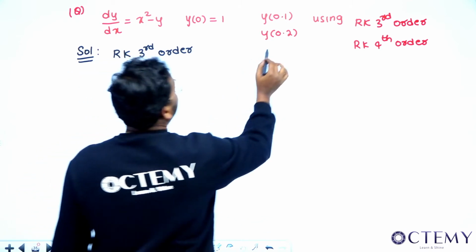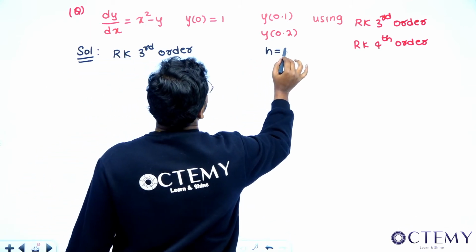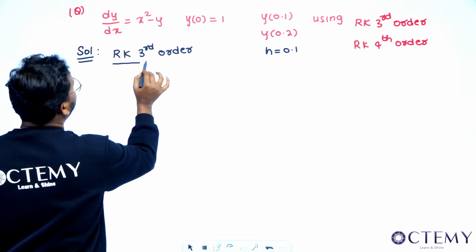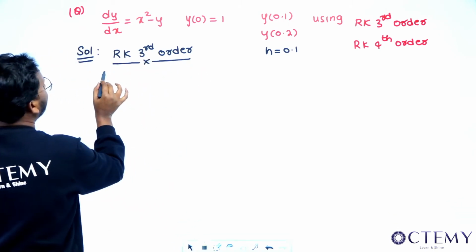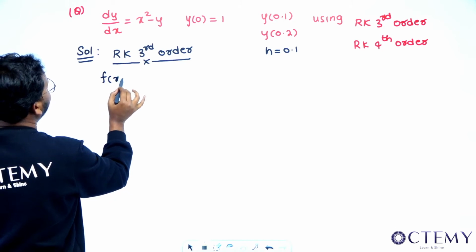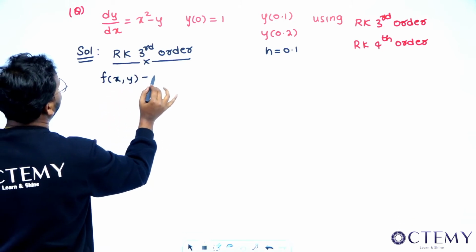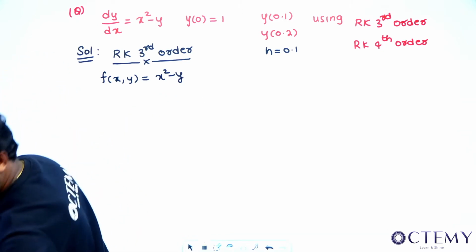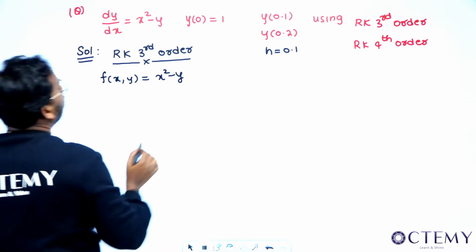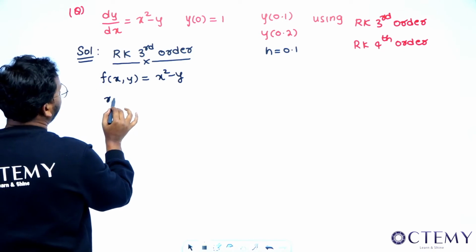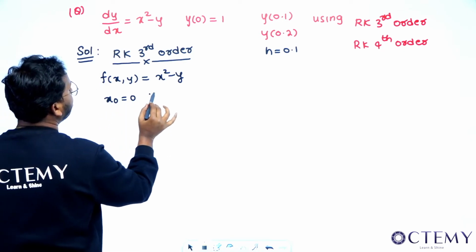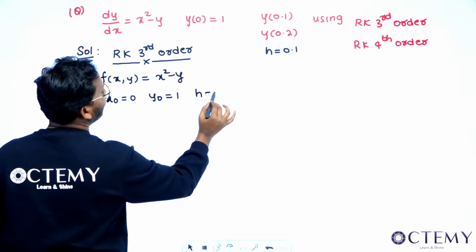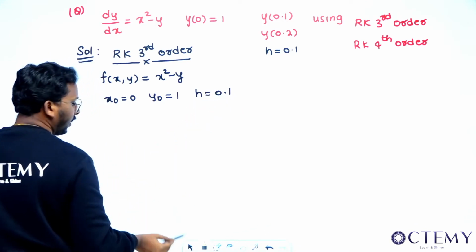Now, if you are applying RK third order, let us write the given information. f(x, y) is x² − y. x0 is 0, y0 is 1, and h is 0.1.